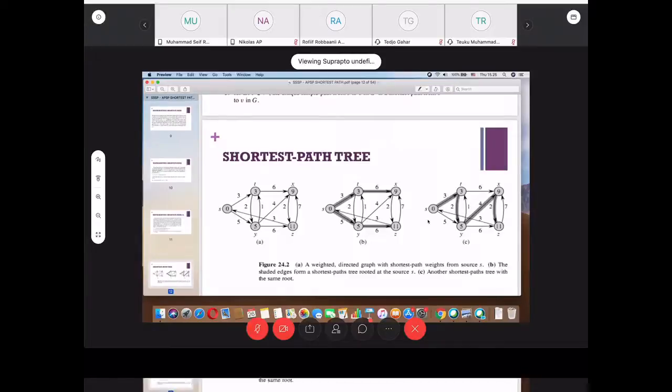If you compare the height, the first solution is a rooted tree with height of 2, but the second solution is a rooted tree with height of 4. It's very different in height. Okay, what is the point? The point is we can have more than one solution in this case.